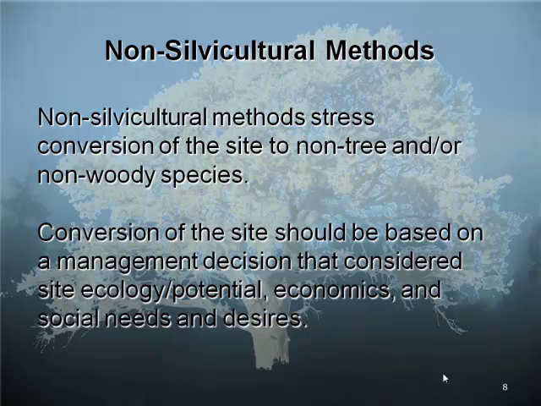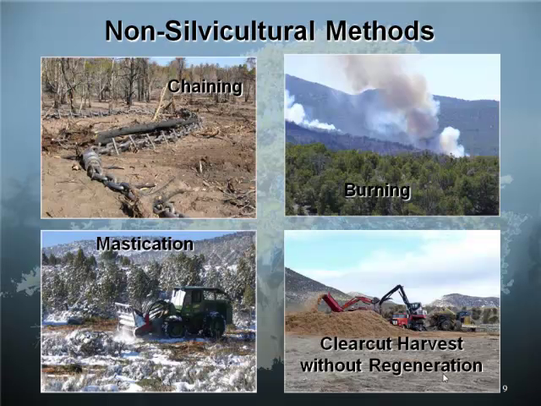Do the soils support herbaceous vegetation? And what are the management goals for that site? So here's just some pictures of different types of conversion treatments: chaining, burning, clear cut without regeneration, and mastication.